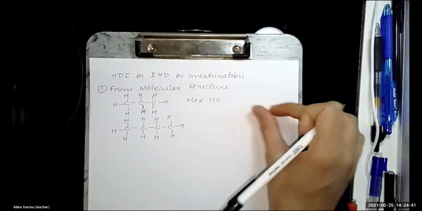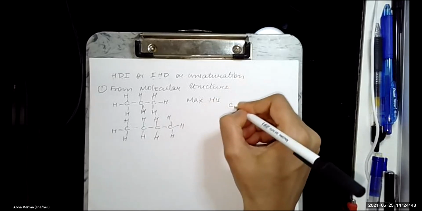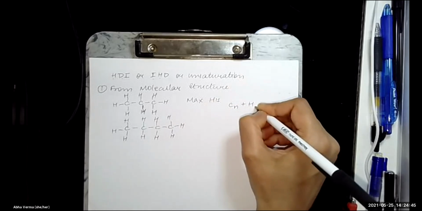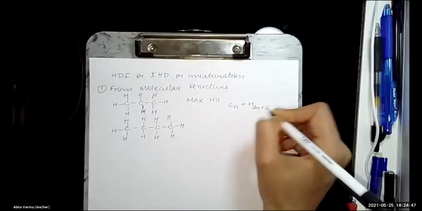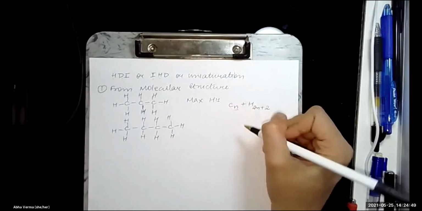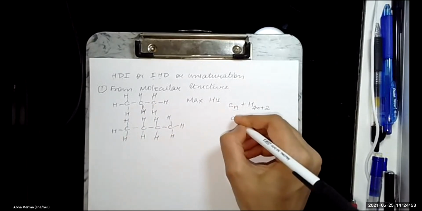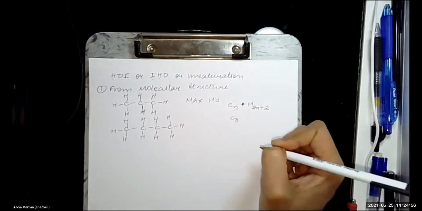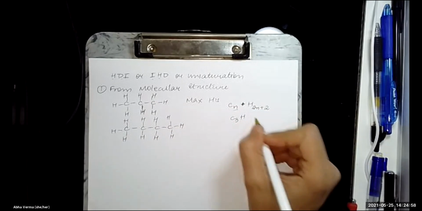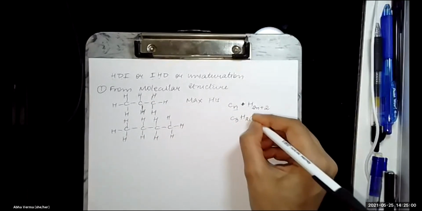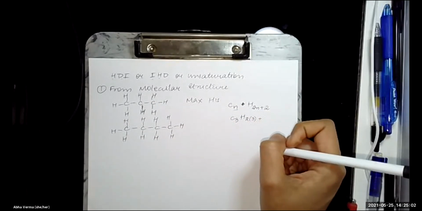The carbon hydrogen chains. So CnH2n+2. What is n? The number of carbons. So let's fill this in. If there are 3 carbons, how many hydrogens should be there? 2 times 3 plus 2, 8. Okay, very good.